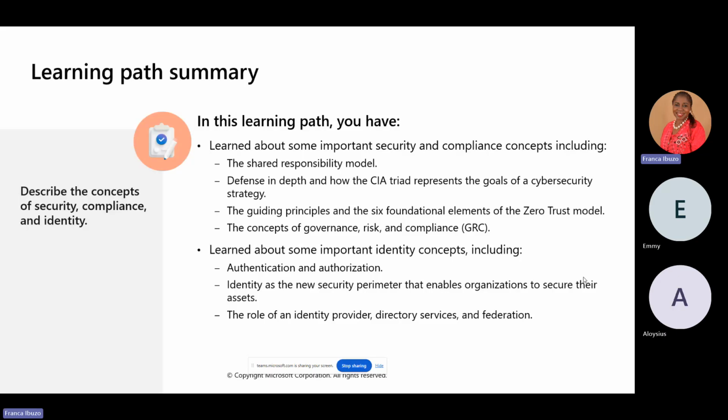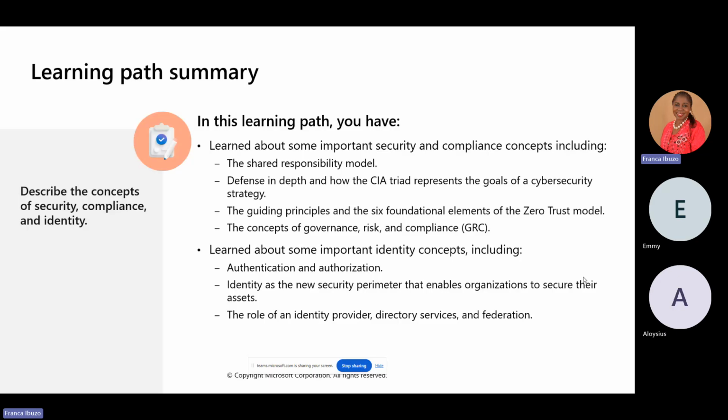Why confidentiality, integrity, and availability? These are the goals of a cybersecurity strategy. It needs to be confidential, it has to have integrity, and it has to be available to the person that needs it, the person that has access.